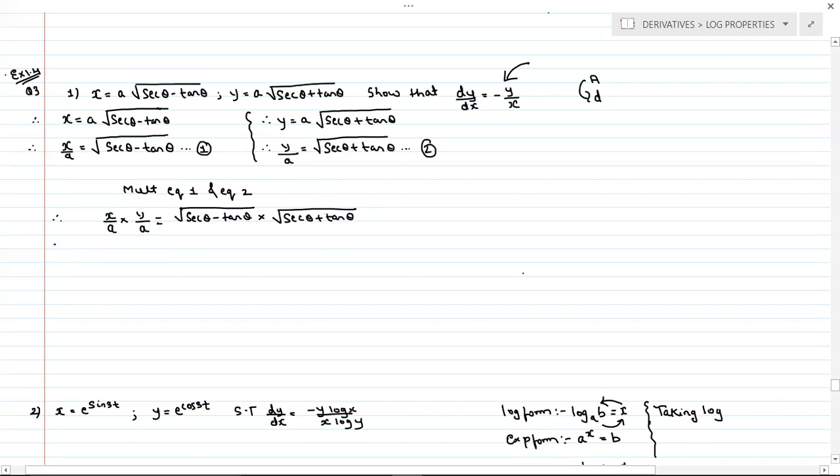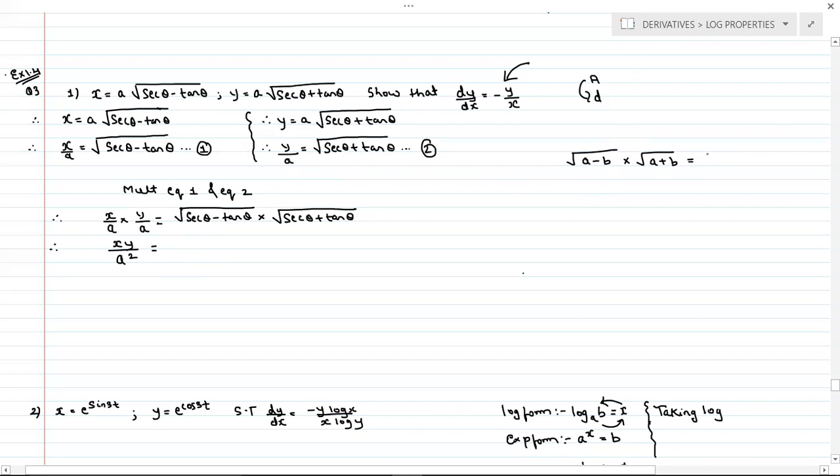After this, x into y gives xy upon a into a, which is a square, equals, here the square roots are the same. Clearly this looks like a minus b into a plus b.